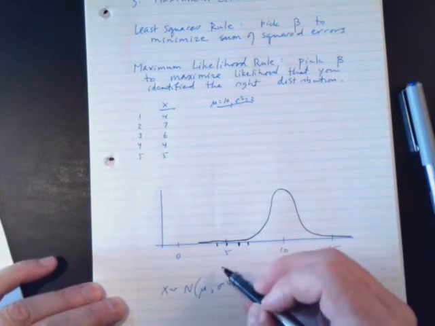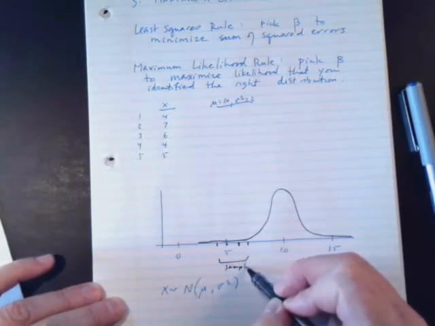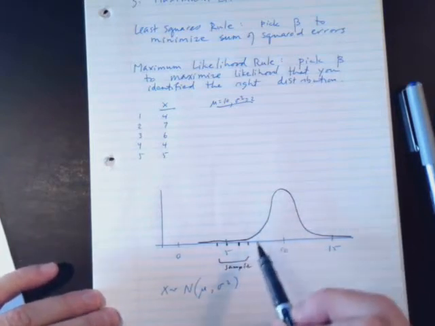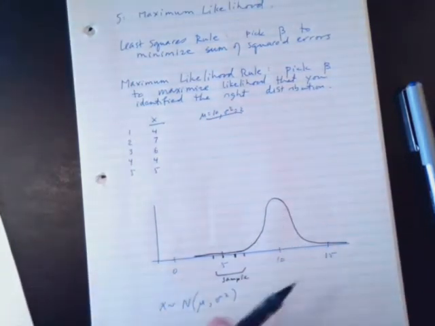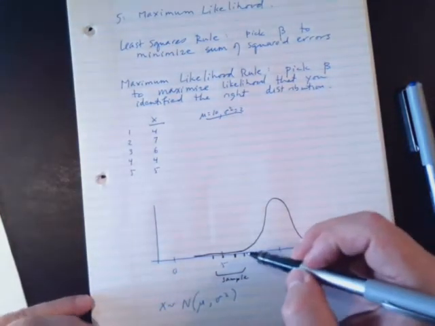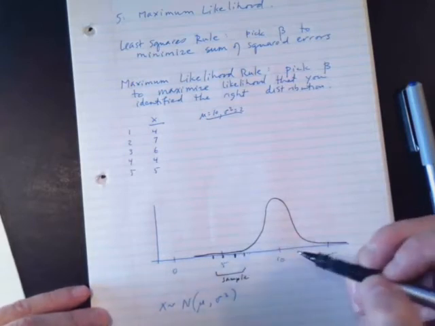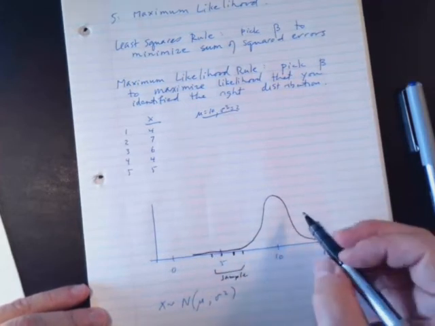Okay, so this is where our sample is. And that sample is out in the tails of this distribution. So if you think of the likelihood of pulling these kinds of numbers out, they're not very likely from a distribution like that.